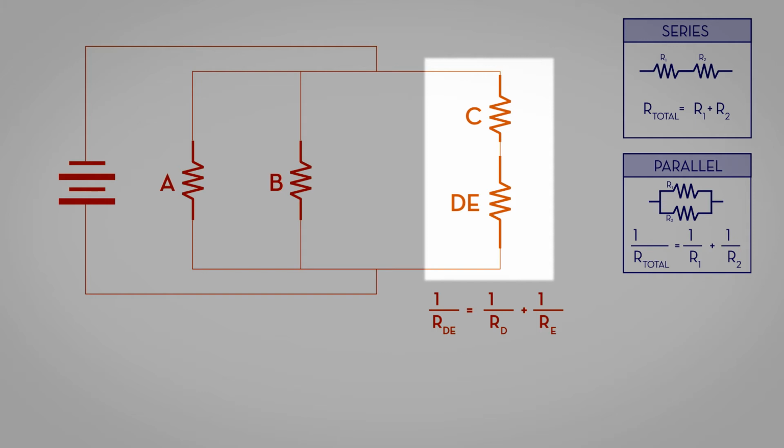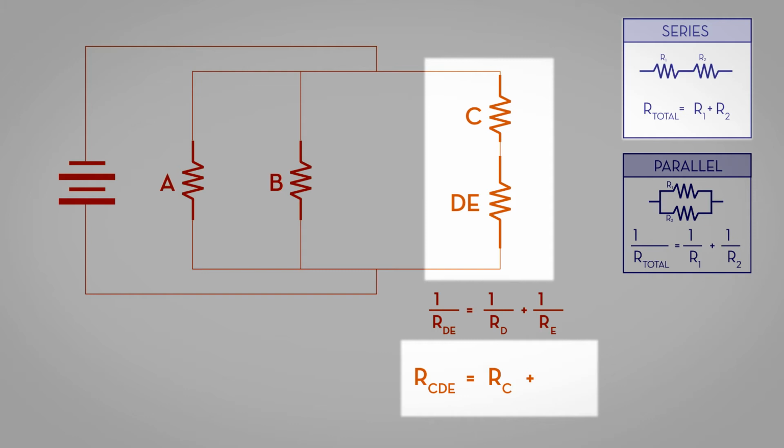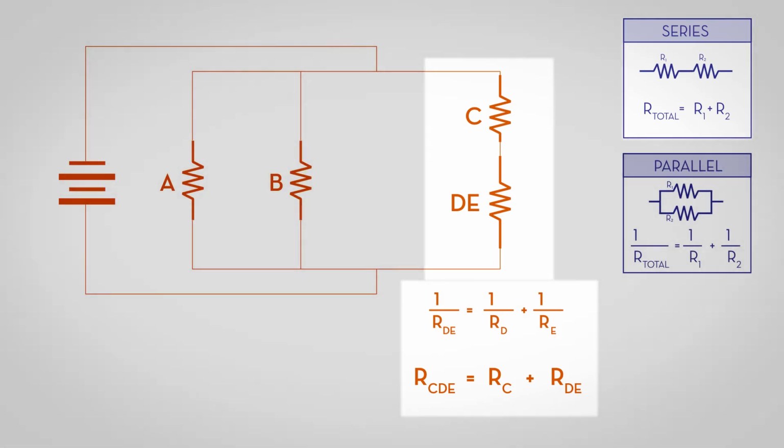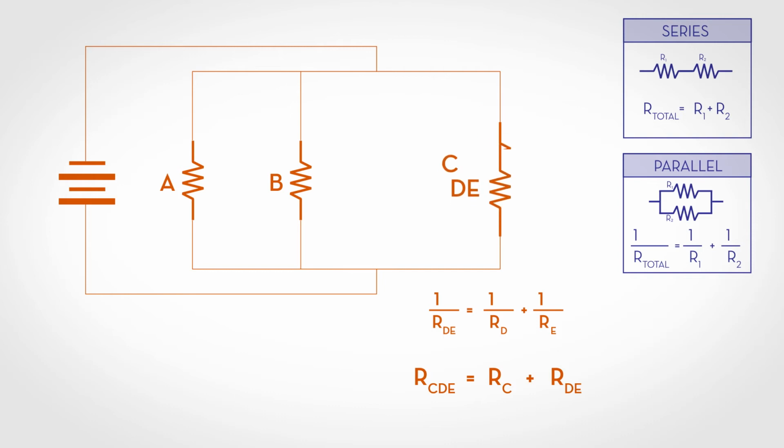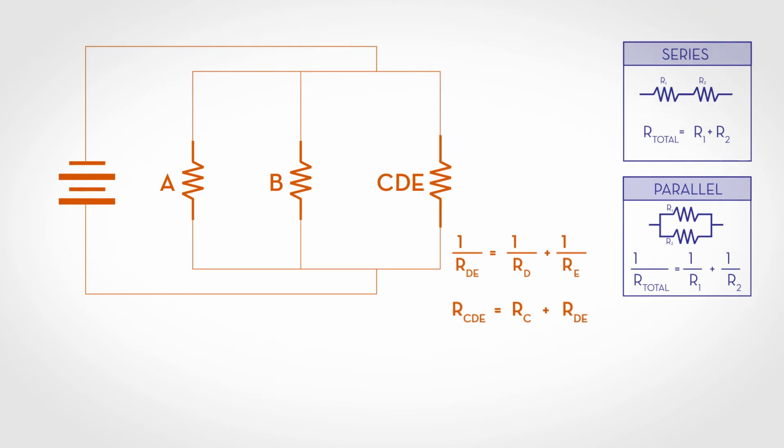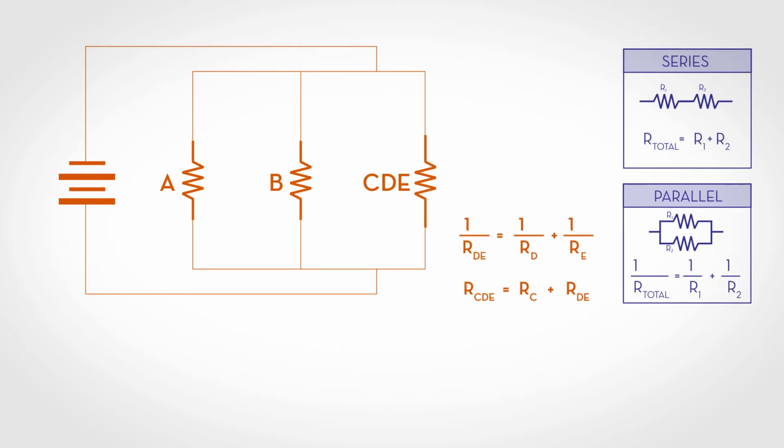C and RDE are not in parallel, they are in series. So if I want to make RCDE, that's equal to RC plus RDE, where RDE is what came out of that. Once I've got those two combined, I can mentally take those two out, and I will have a single resistor here that replaces those 3.